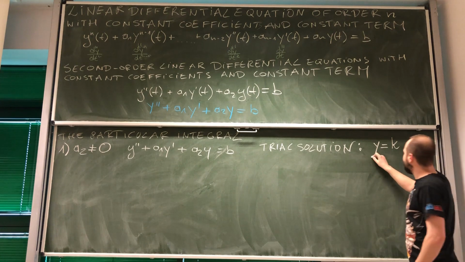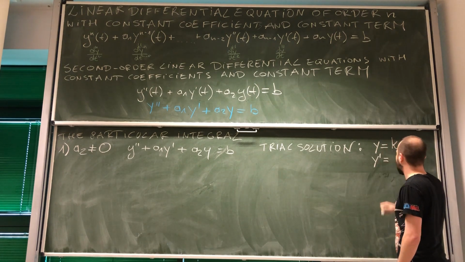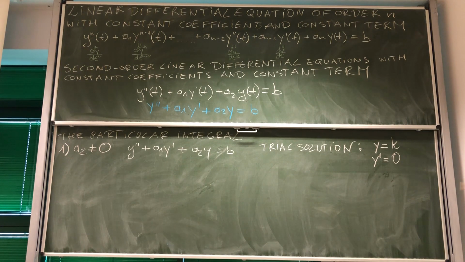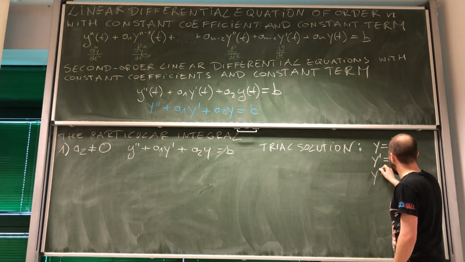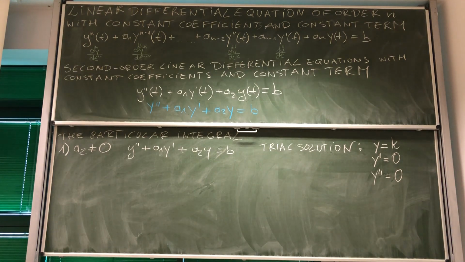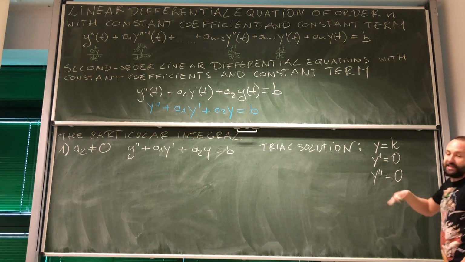But this means that if I differentiate a constant, I'm going to get 0. If I'm going to differentiate 0, I'm going to get another 0. So now all we have to do is to substitute these results into our equation and see what we are getting.